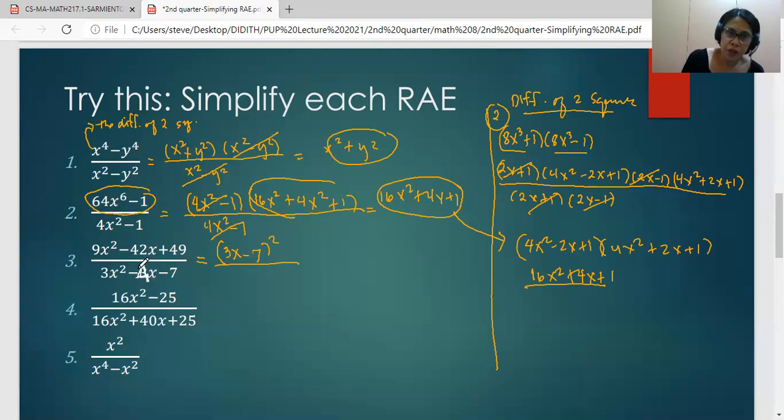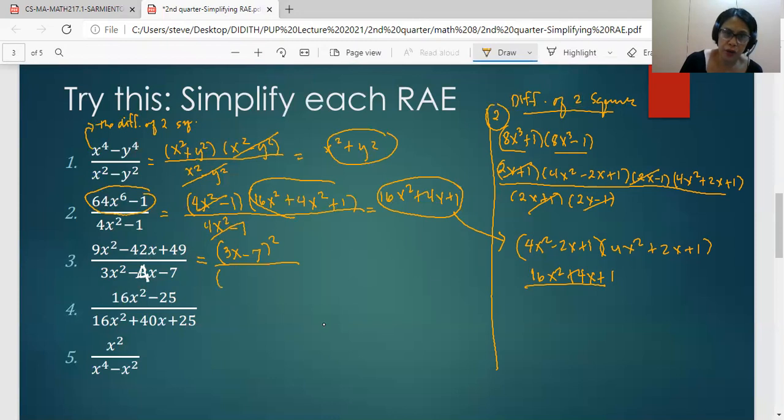Now, this is a quadratic trinomial, so we will find the factors by trial and error. Of course, we will assume that one of the factors of this trinomial is 3x minus 7. If one of the factors is 3x minus 7, what should be the other factor? Since this is 3x, the other factor of 3x squared should be x.